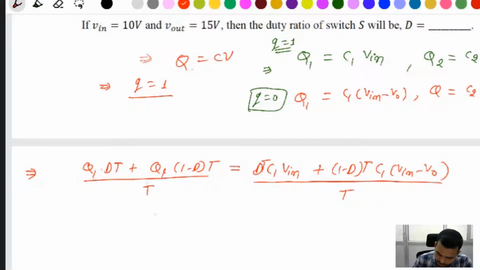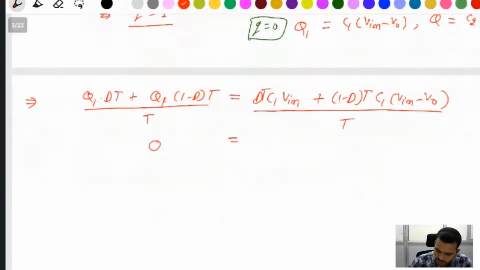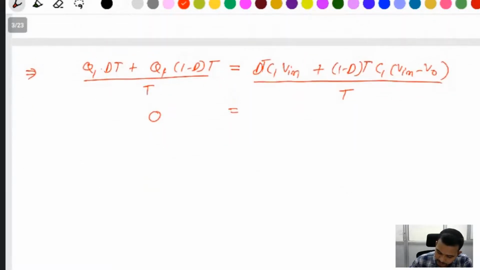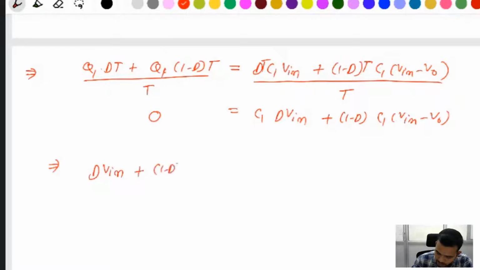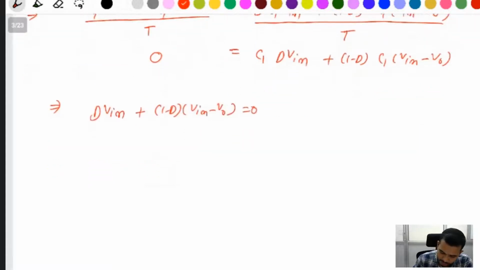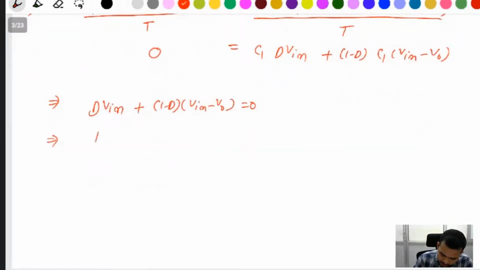For the average, take the total time period T; T cancels out, and this is 0 for the average capacitor charge. Then we find C1 d V in plus (1 minus d) C1 (V in minus V naught). Taking C1 common, the final equation is d V in plus (1 minus d)(V in minus V naught) equal to 0.